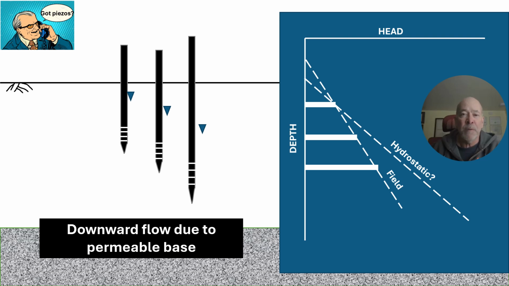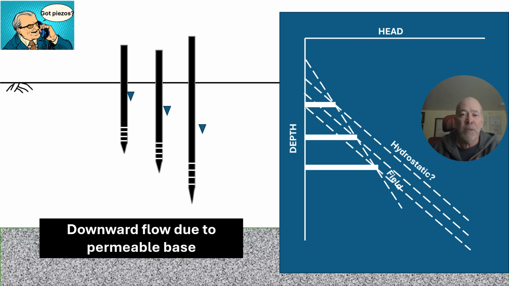So in this case, we wouldn't know what hydrostatic was. If we just installed one of these things, we would have no idea what's going on. So installing more than one of these, or just doing CPT pore pressure dissipation tests, can give you a lot of information. And single piezometers just by themselves are really not all that helpful.